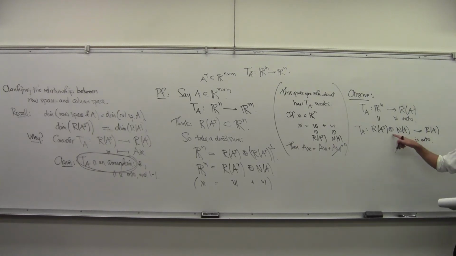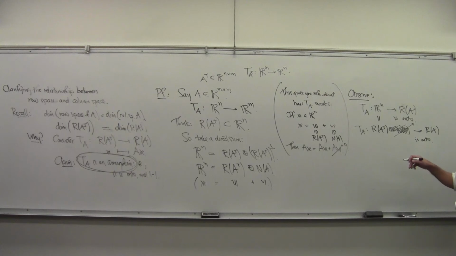But the null space of A doesn't contribute anything, so I can erase this part. The map on the range of A transpose is onto, because the null space of A just gives me 0 over here. I'm still going to get the 0, so erasing this null space doesn't lose anything. So TA from RA transpose to RA is onto. That's the onto part.